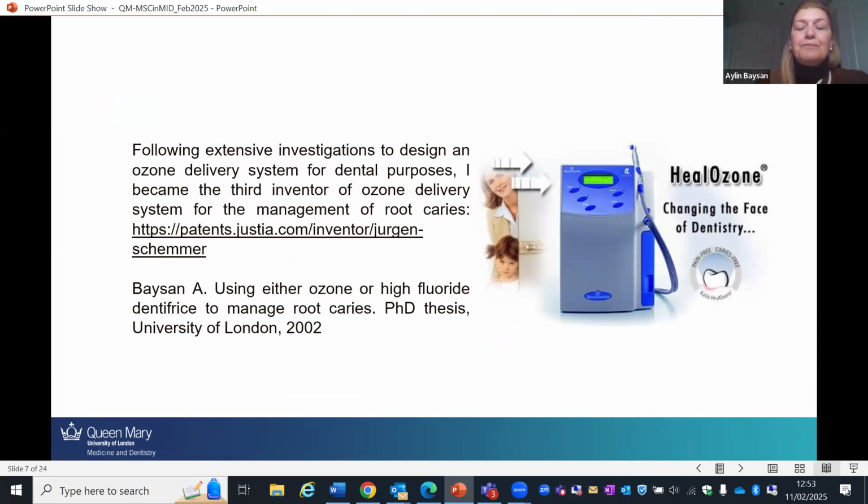And during the program, I discuss this high fluoridated toothpaste when we do the seminars on management of dental caries. And then the other part was ozone. Again, I was the first person to use ozone on root caries especially. So I'm fortunate that we managed to get a patent as well from there.